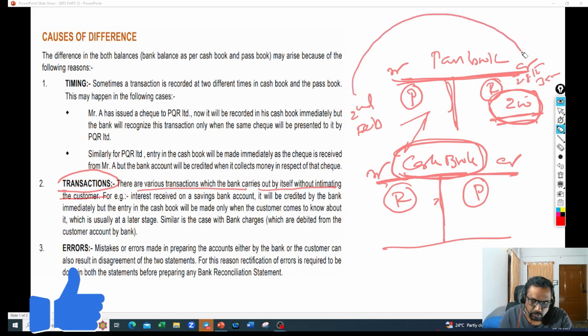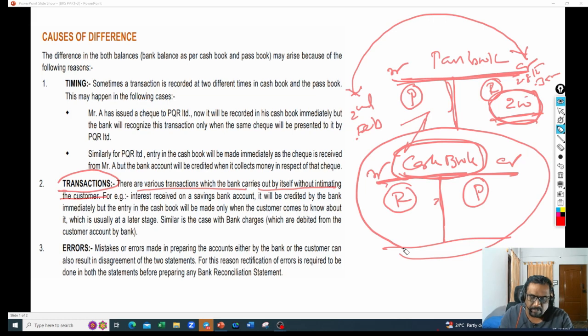So between 28th January and 2nd February, there is no entry here. Why is there no entry? Because he credited this amount on 28th January, you are not aware, so you did not record. When did you go to the bank for the passbook update? You went on 2nd February. By that time that transaction got updated in the passbook.